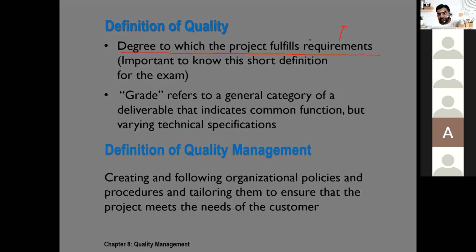All these are different types of requirements we think of in terms of quality. So quality is nothing but the degree to which the project fulfills the requirements. Everybody should remember this particular definition for the exam purposes.